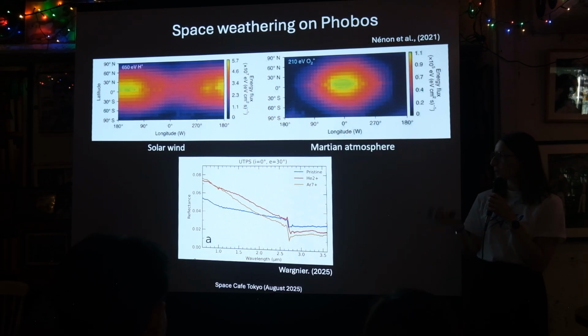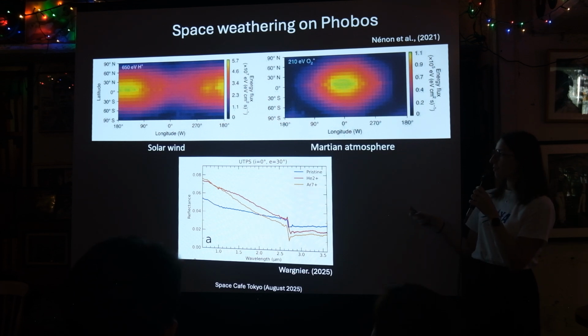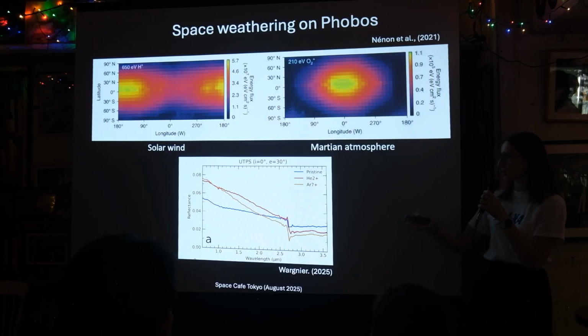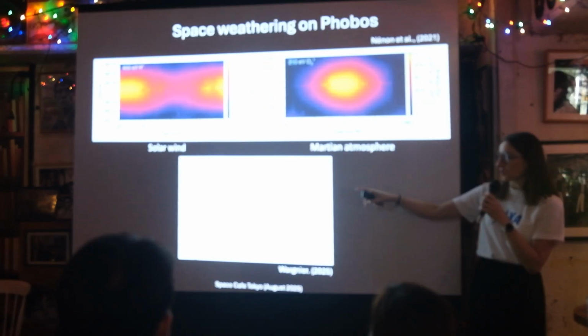surface of Phobos. And here is an example of a simulant from Tokyo University. They created a powder which replicates the surface of Phobos. And this powder was irradiated in, let's say, the conditions of solar wind and in the conditions of the atmosphere of Mars. And we can see that the properties are totally different.